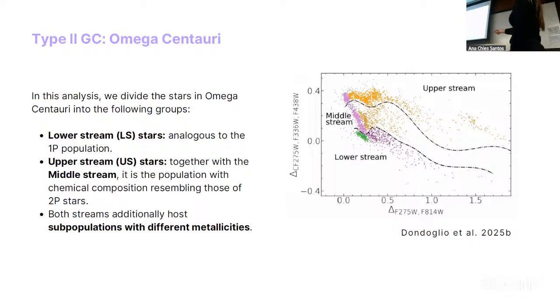We have the stars in the lower stream, in the upper stream, and in the middle stream. Basically, nitrogen is varying in this direction. So lower stream stars are analogous to first population stars, and the upper streams are analogous to second populations. But we also have these populations varying with metallicity in all of the streams.